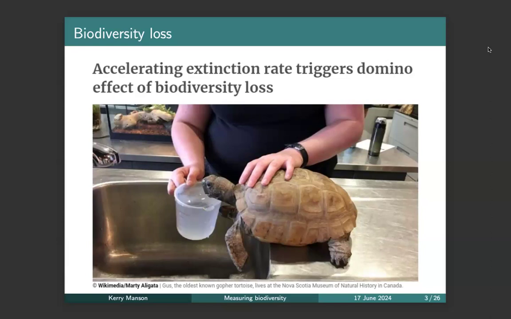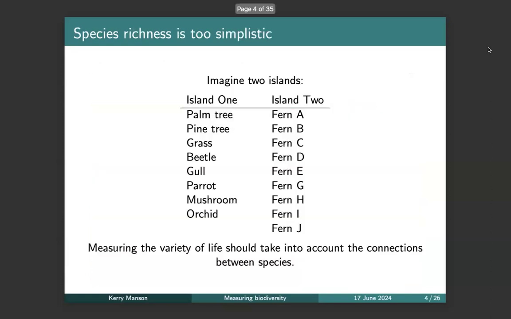And more crudely, if we're just thinking about whether species are present or absent in an area, the sheer number of species, what we call species richness, is often meant to stand in for biodiversity. And it can be a reasonable idea, to give us a first view of how biodiversity is changing.